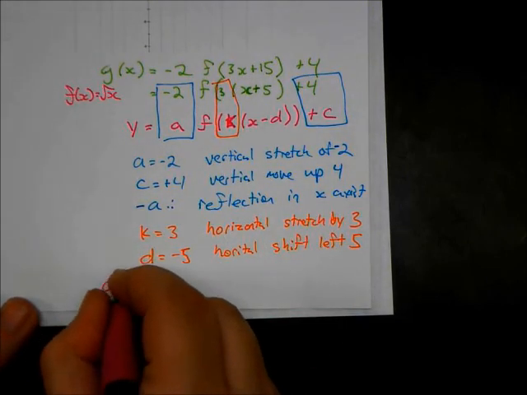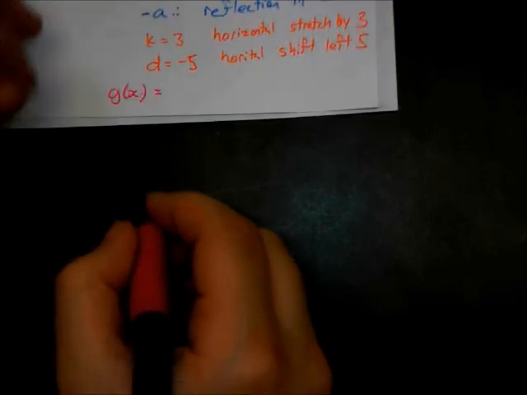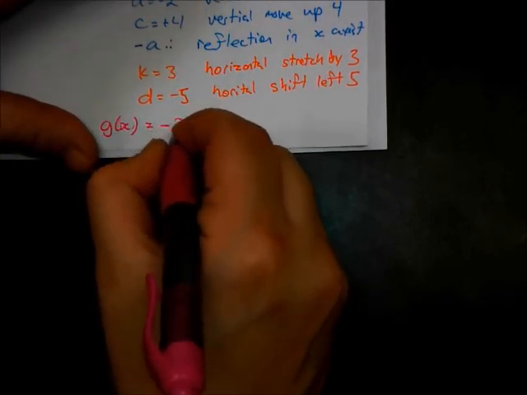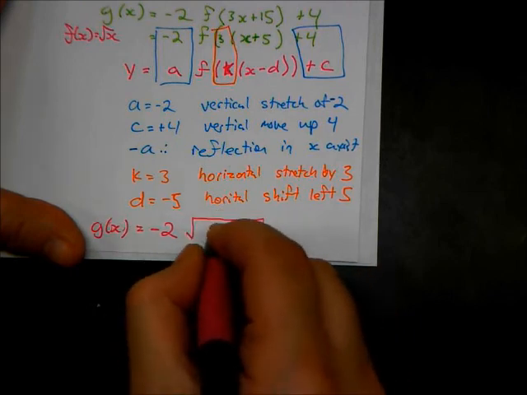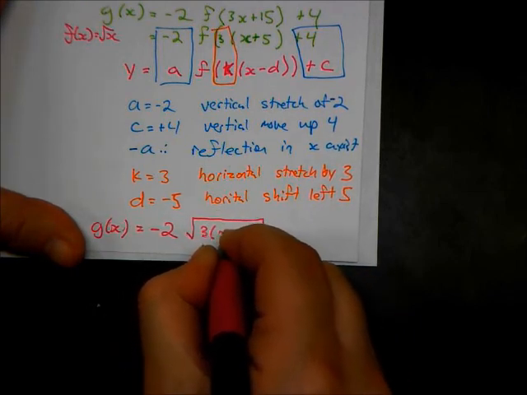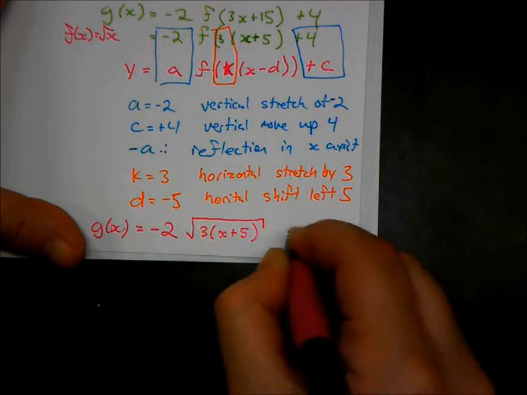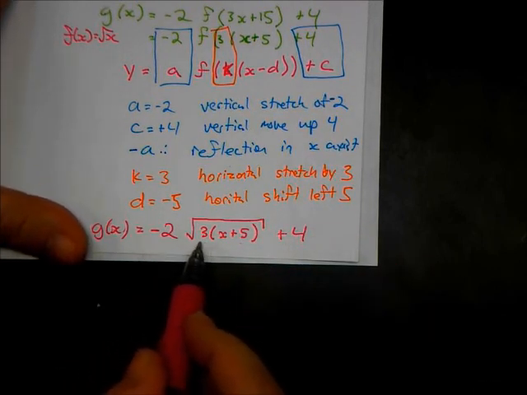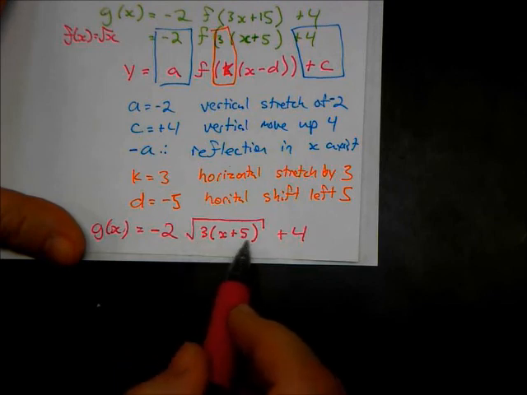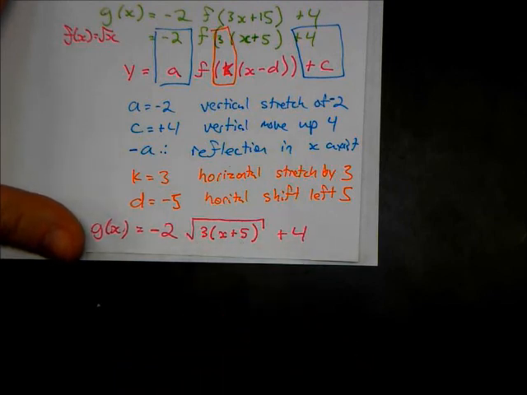Our g of x is going to be negative 2, square root of 3 times x plus 5, and then plus 4 on the outside. So we still maintain a, k, d, and c.